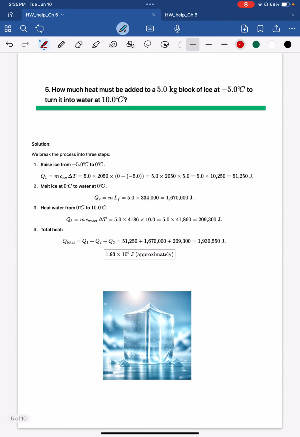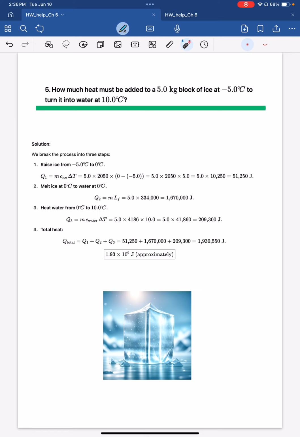Okay, number 5. How much heat must be added to a 5 kilogram block of ice at minus 5 degrees Celsius to turn it into water at 10 degrees Celsius? So many times you would think that just when you start heating ice, it would start melting.